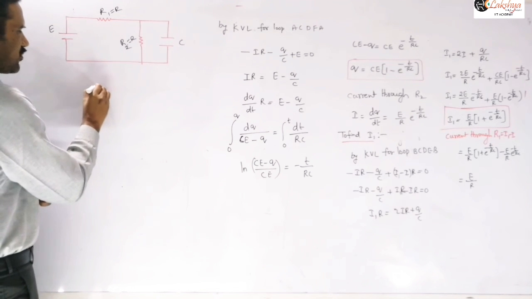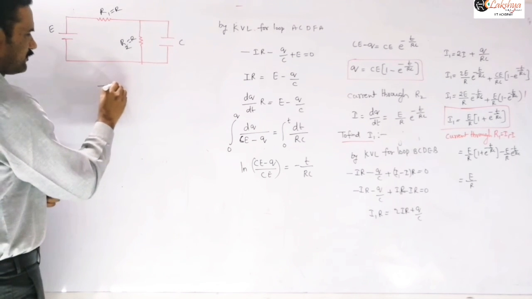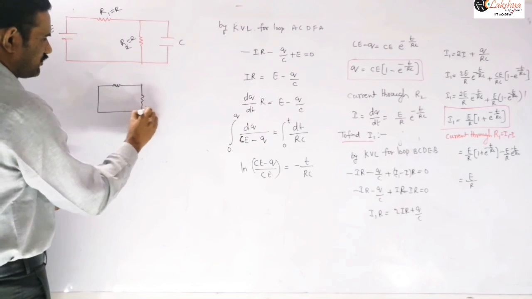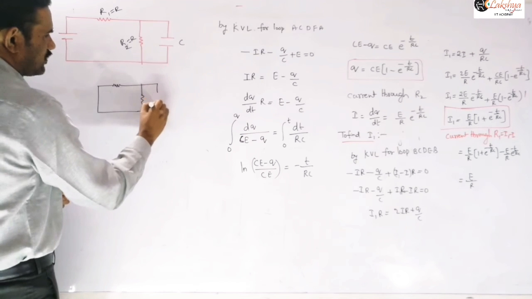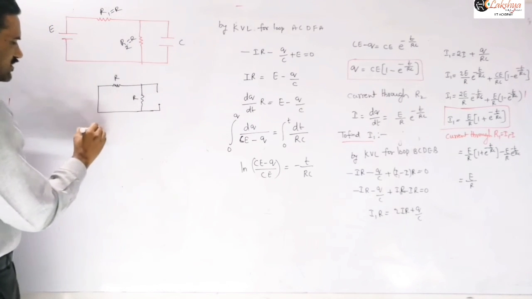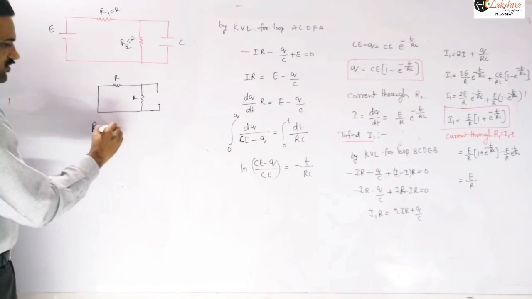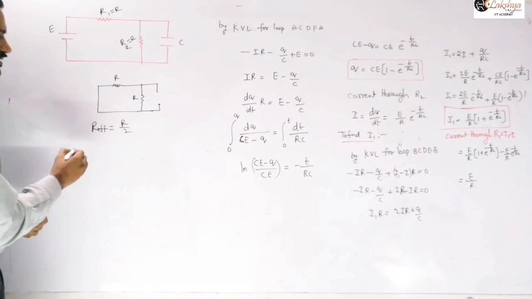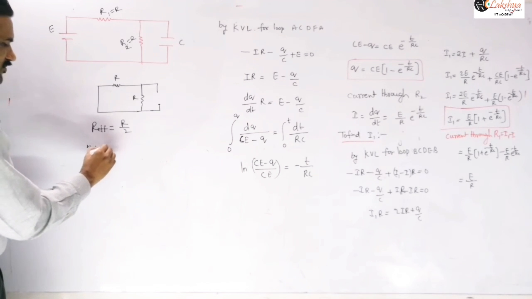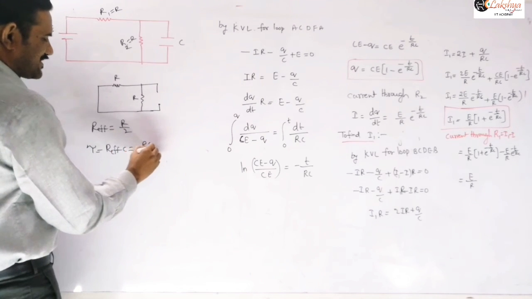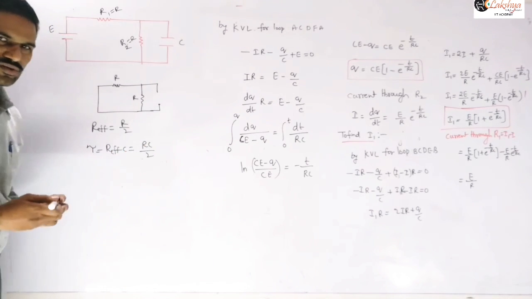For finding the time constant, you know the procedure, and actually for this circuit we already calculated the time constant also. Across this capacitor we need to find the effective resistance. Therefore this R effective value will be equal to R by 2, and therefore the time constant is R effective into C, that is RC by 2. So this is our time constant here.